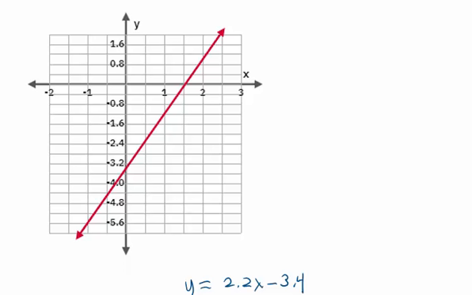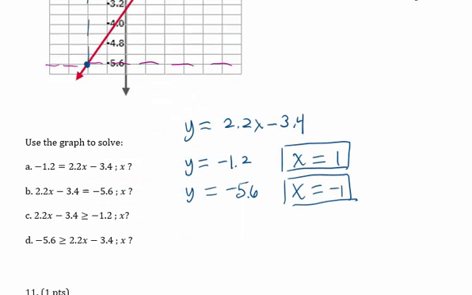So I locate negative 5.6 on the y-axis and sketch a horizontal line. Where these two lines intersect is the point that I'm concerned about, and that happens when x is negative 1. So x is negative 1 is my answer for part B.